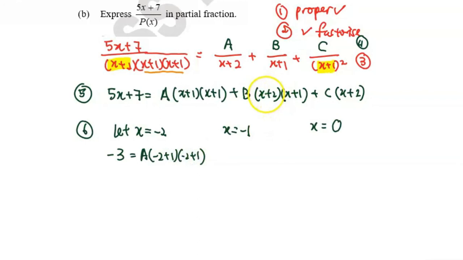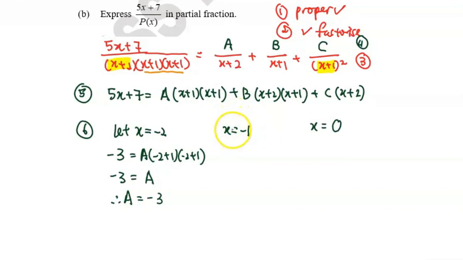So for here, negative 2 plus 2 becomes 0, so the whole part becomes 0. Same as here, negative 2 plus 2 is 0. So leaving our answer, negative 3 equals a. Therefore, a is negative 3.